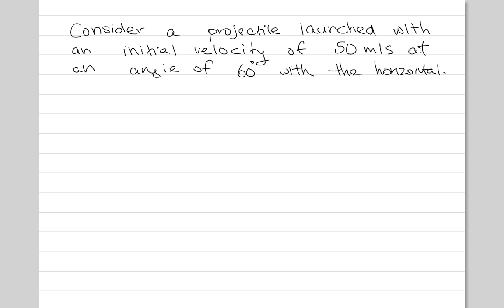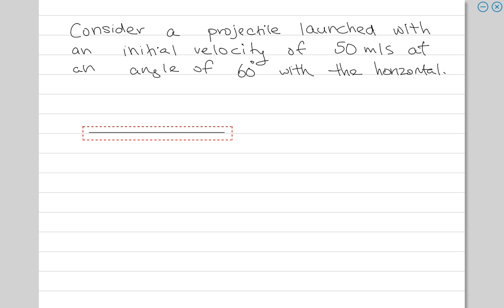Okay, so with most things in physics, you have to break them down into their vector components. Okay, so what you can draw is this 50 meters per second vector at an angle of 60 with the horizontal. So if you want to come grab a ruler, that's cool.